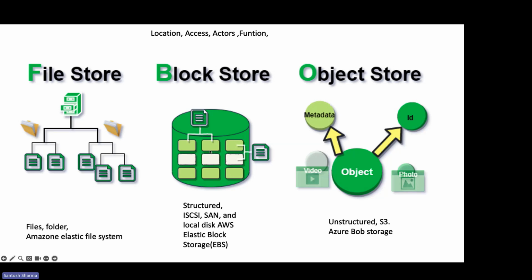Now the question was, okay, scenarios, when to use what? That is most important, right? So if you have a requirement where you have to dump all the videos and files, and once in a while you have to access that. The same as we keep on taking pictures, but we rarely have to see the pictures. Then you can use object storage.